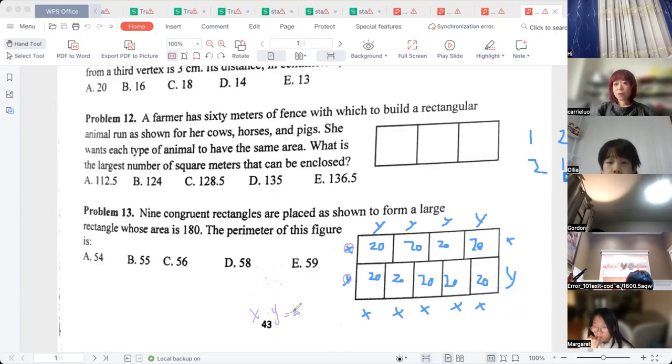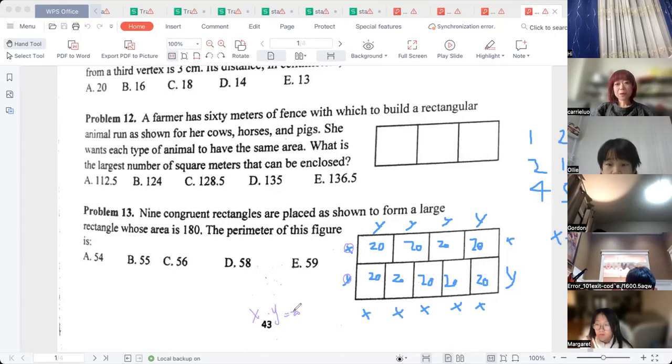Correct? Okay, so thank you, Oliver. It's either 1 times 20, 2 times 10, or 4 times 5. So I guess Oliver will try to use 4 times 5 because obviously it's not a 1 times 20 measurement, correct?